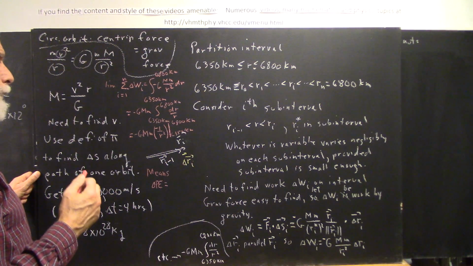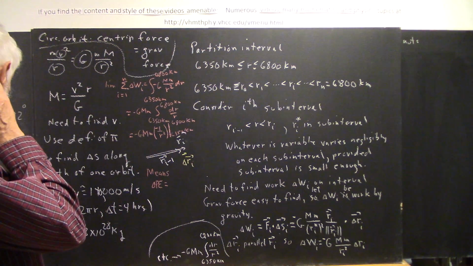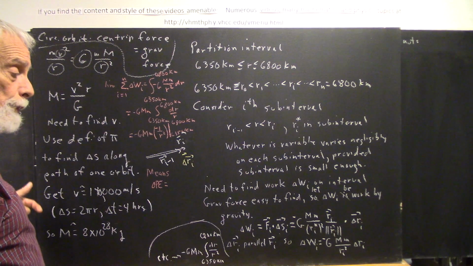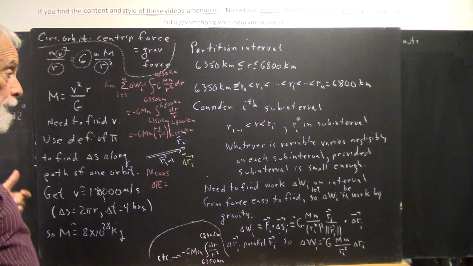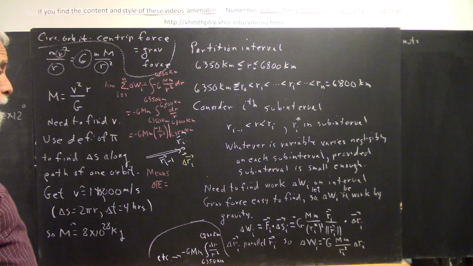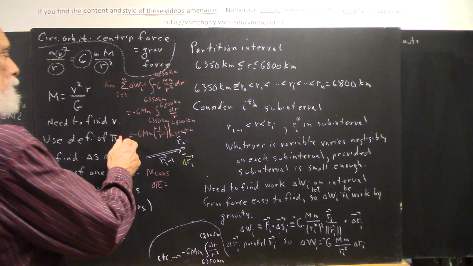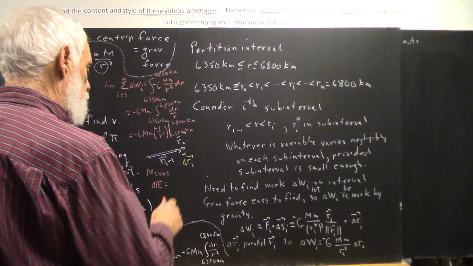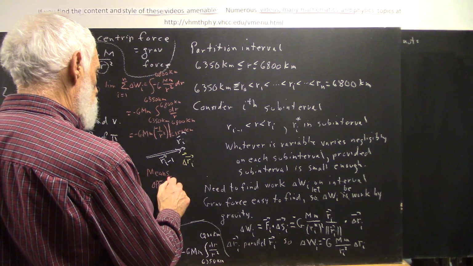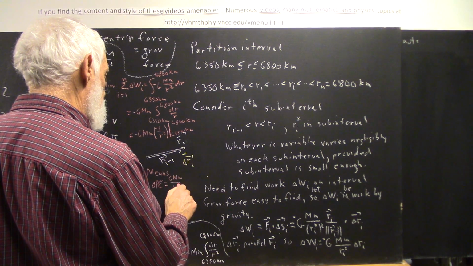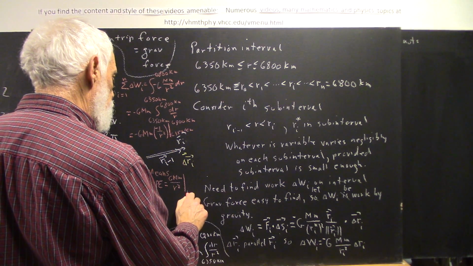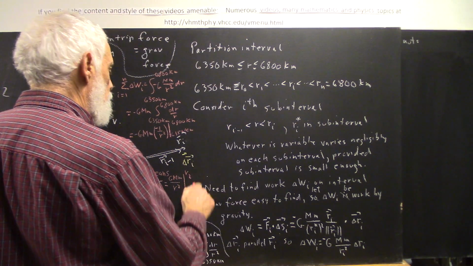What's the change in potential energy as we go from here to here? Well, it's equal and opposite to the work done by the net force. That means, since you have a negative here and a negative here, in general, your expression is going to be G times big M times little m over R, evaluated from R1 to R2.